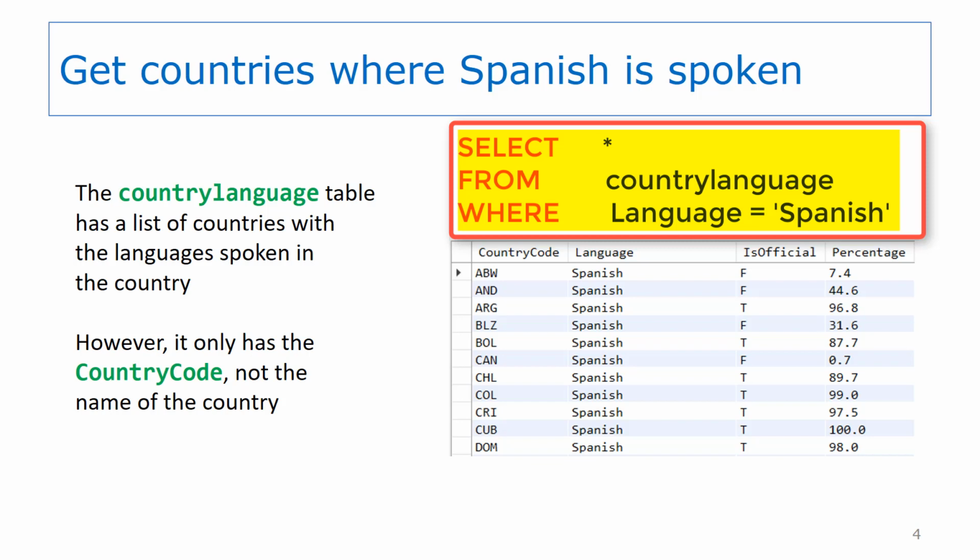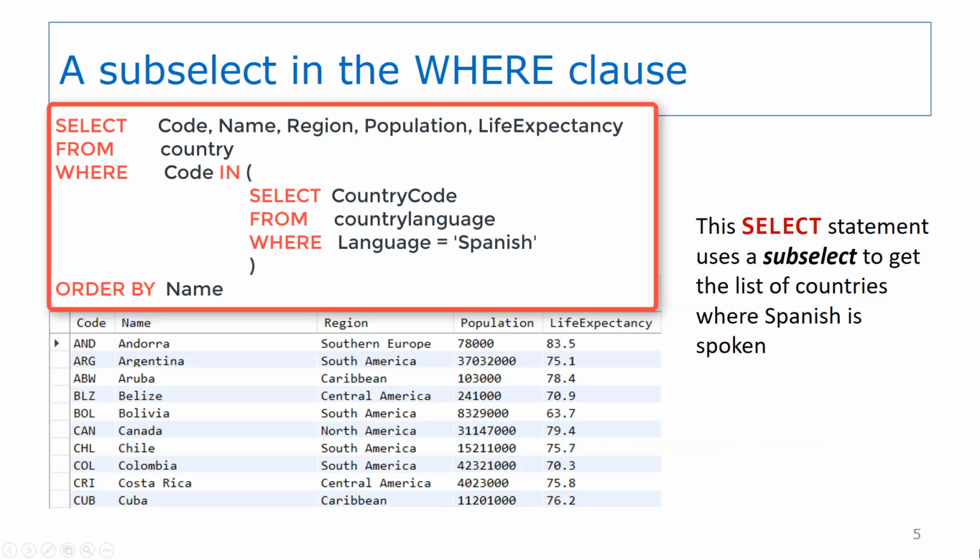As you can see, this is a select all type of select where the asterisk is used to select all of the columns. Notice that the country name is not shown, just the country code. So we can get a list of countries where Spanish is spoken, but the list is not quite what we wanted. Now we'll see how the in keyword can help us process a list of values.